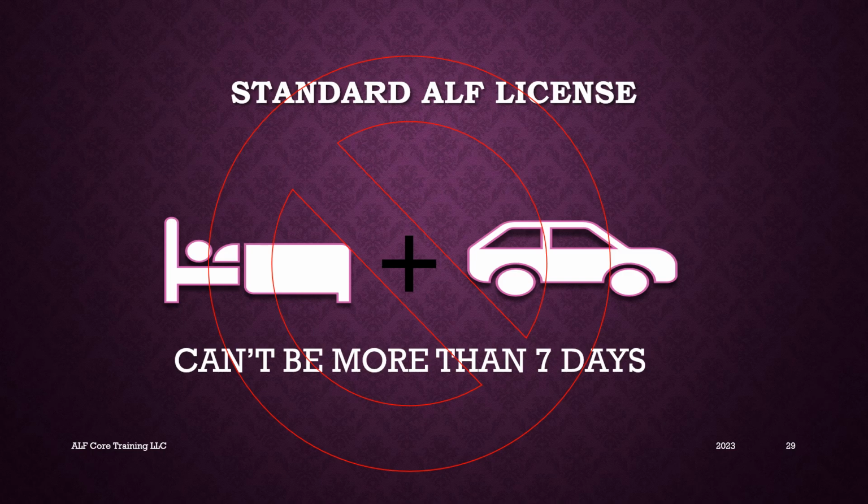A standard resident in a standard ALF can't be in bed more than 7 days. That could be a violation for your facility. You don't want to get fined for anything as small as getting someone out of bed. So just remember, in a standard ALF, they can't be more than 7 days in bed.